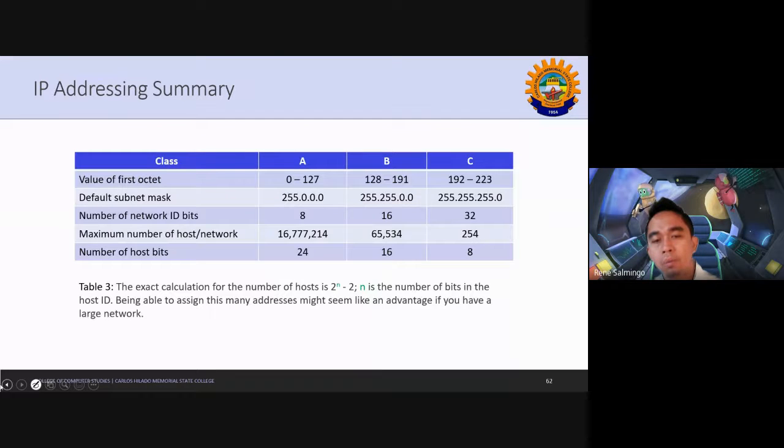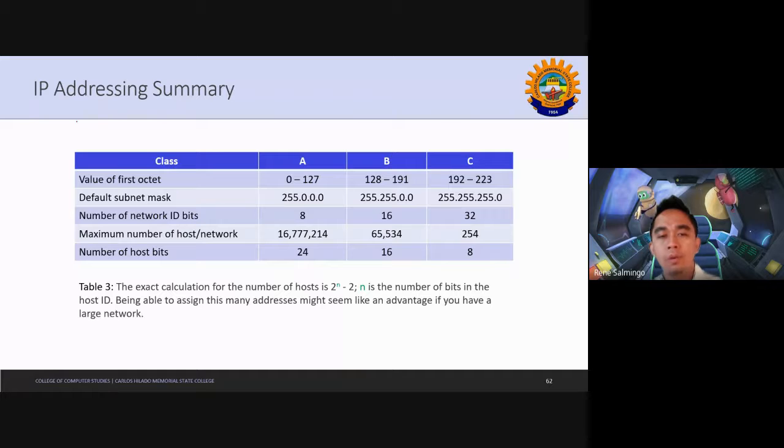So as the number of your host bits increases, you will also have a larger number of hosts. If your host bits are decreasing, you will have only a few hosts, and the number of network IDs you are going to use goes higher.